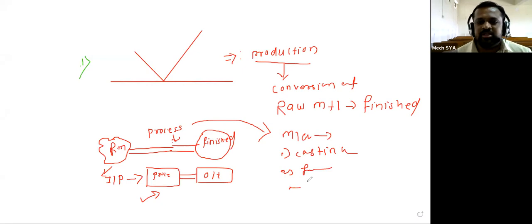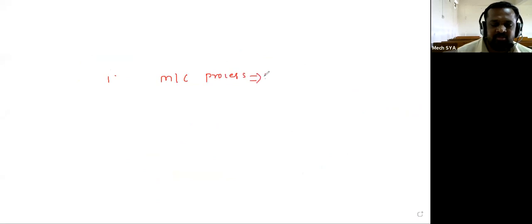Now tell me, in the machining process, do you know about the machining process? What is meant by machining? Machining is nothing but removing material from any component. We use the lathe machine.